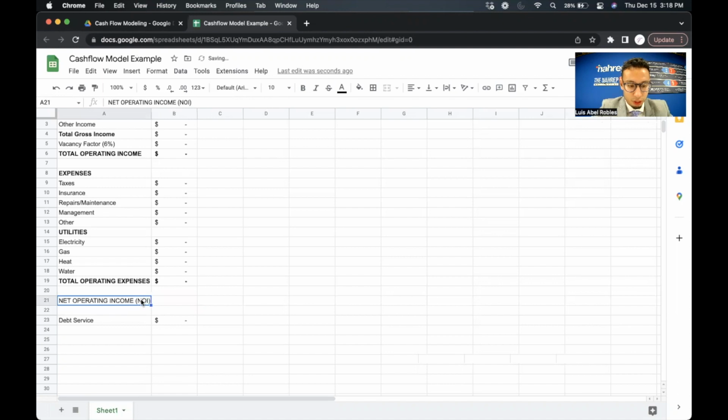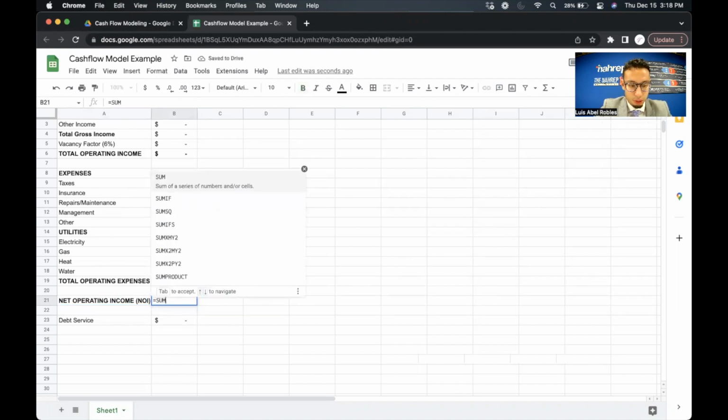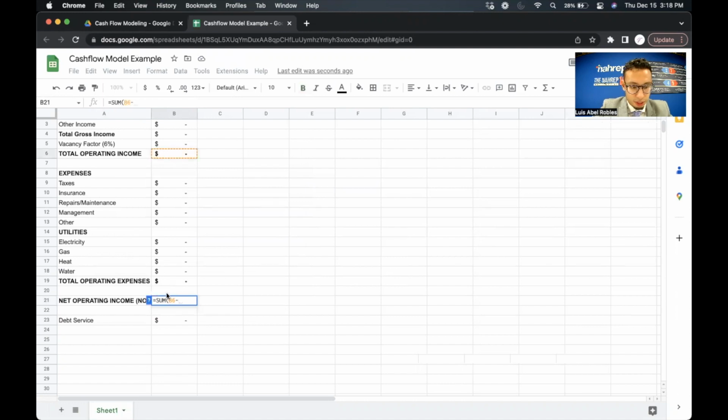So if you're going to become an investor, you got to start getting used to these terms. Sum of total operating income minus total operating expenses. From there, we're going to subtract the debt service. And then we are going to find the cash flow, which is going to be that net operating income minus the debt service.